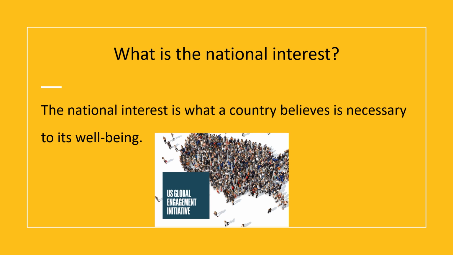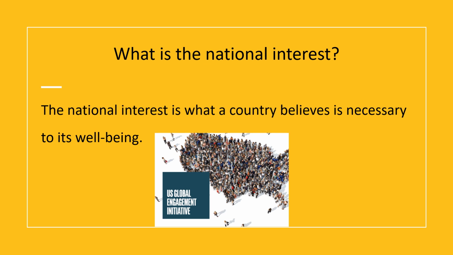And those people are all very different from one another. And some of the people are standing close to one another, and some of them are either walking towards the image of the United States or walking away from that image of the United States. So what this suggests to us is that this concept of a national interest may have very different perspectives associated with what it actually is.